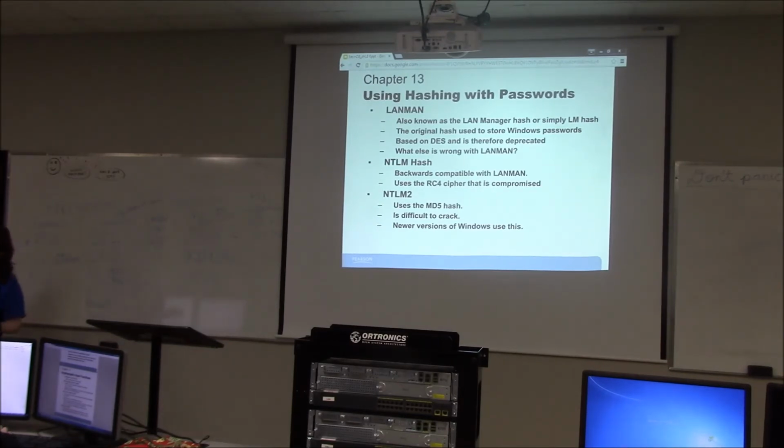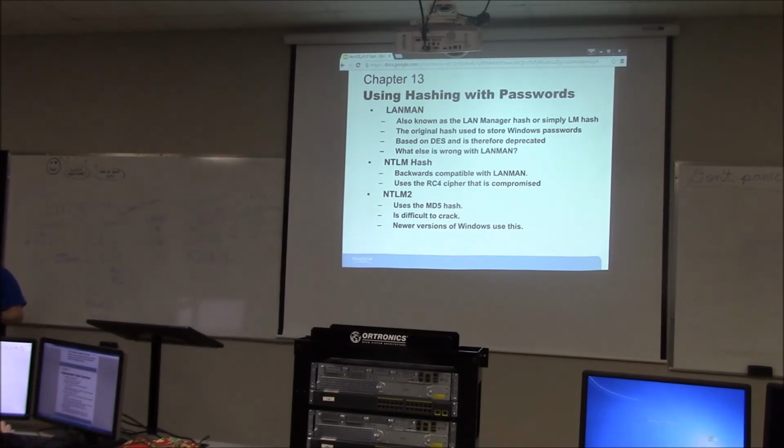But at the time when XP came out, that's what we had, right? I guess they thought, it's a workstation, you've got to be in front of it, it doesn't matter. So that hash that we used to get the actual password, because all it could be at the time was 8 characters, was the LANMAN hash.